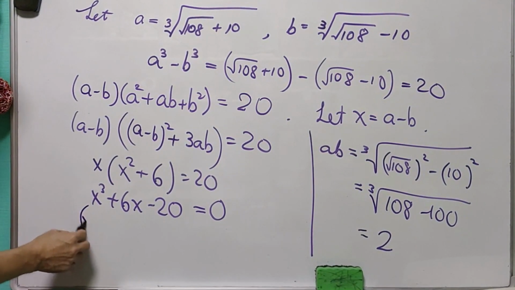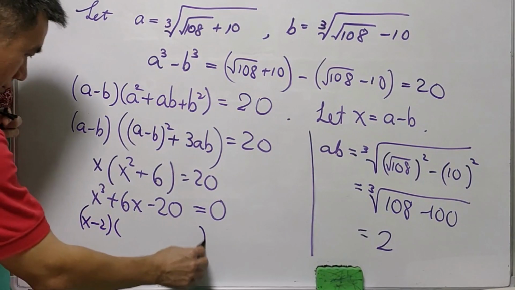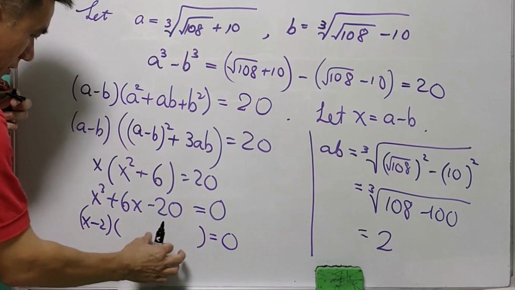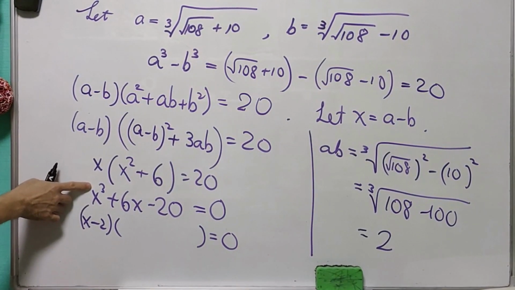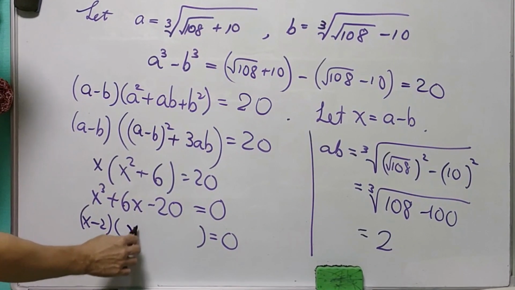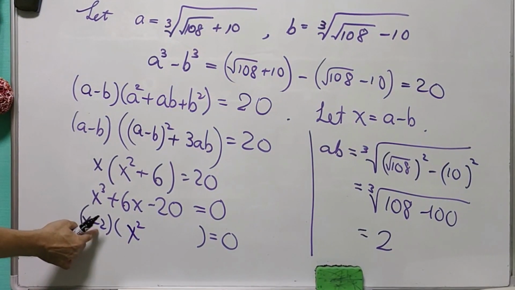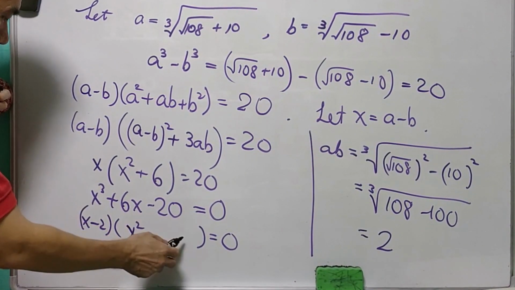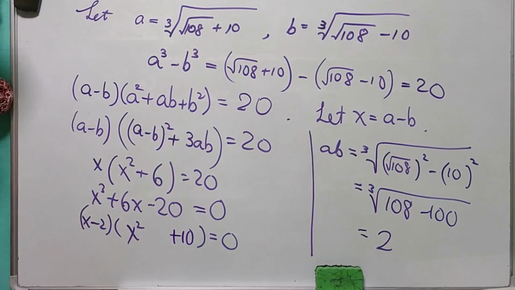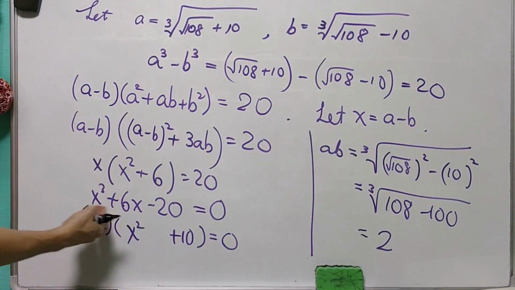Then we can factorize this as x minus 2 times a quadratic expression. This is x cubed, this is x, so we have x squared. This is negative 2, this is negative 20, so that is plus 10. We notice that there is no term in x squared.